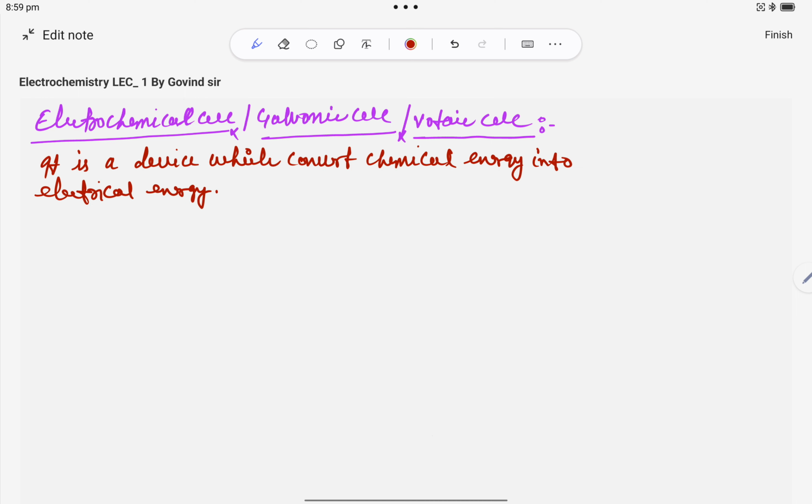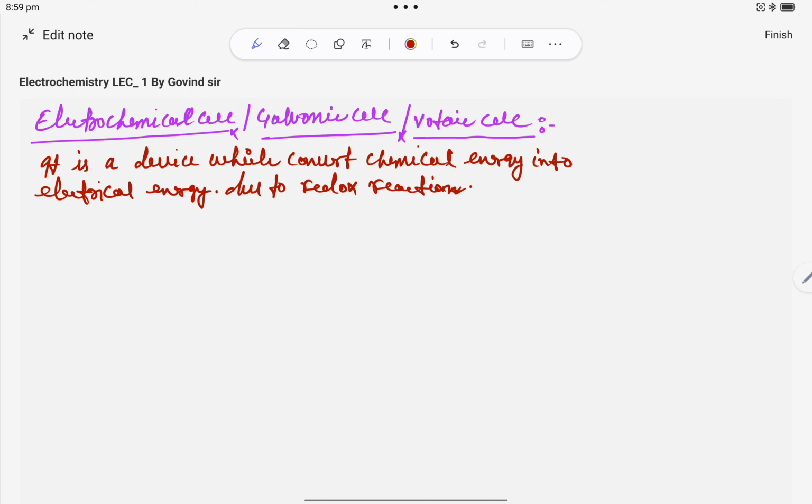Electrochemical cell is a device which converts chemical energy into electrical energy due to redox reaction, and spontaneous redox reaction.